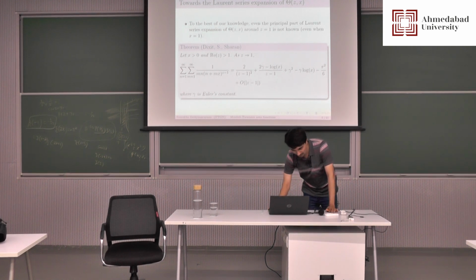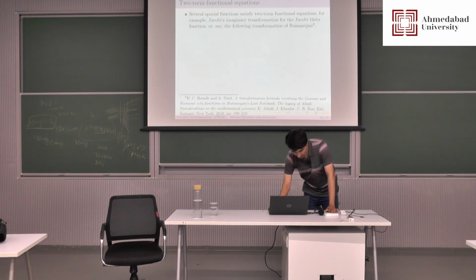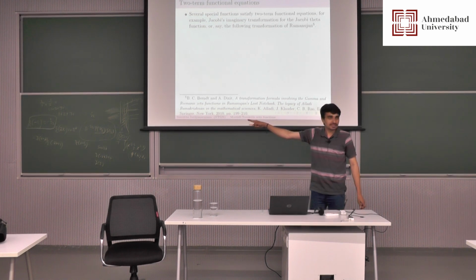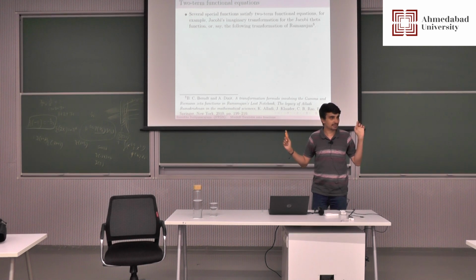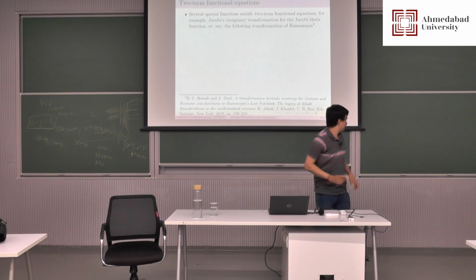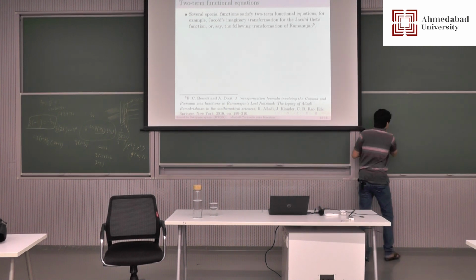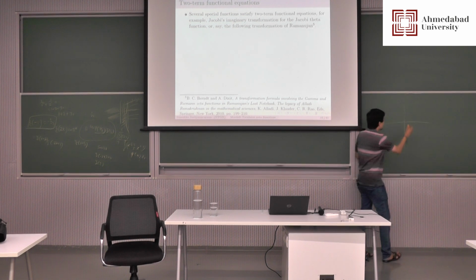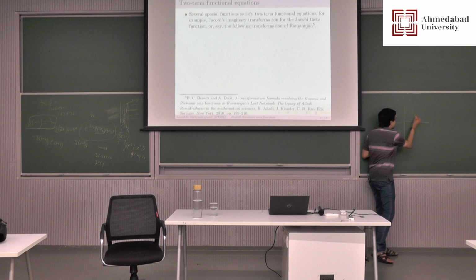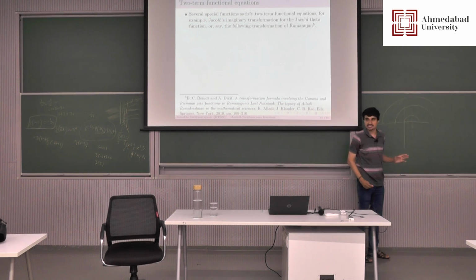I will again come back to my introduction. So what are two-term functional equations? We have seen, with Riemann zeta, s going to 1 minus s, that is called a functional equation. There is one more functional equation. If you see what is happening with s going to 1 minus s, it is reflecting on this line.